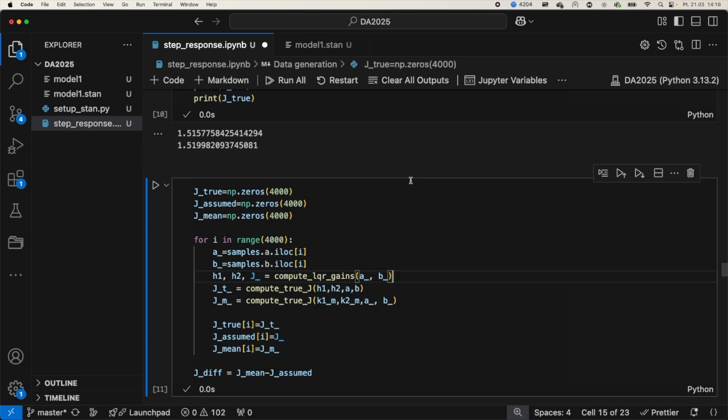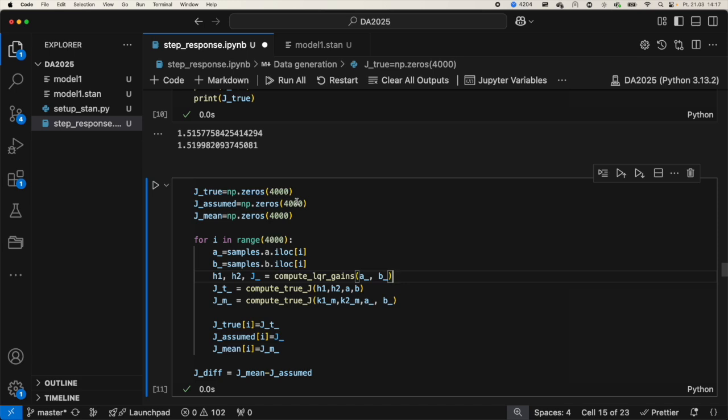Knowing the actual values of the system, we can compute how the gains computed by different estimated parameters would generate a performance indicator. We will also compute what is the estimated performance indicator depending on the estimated values.